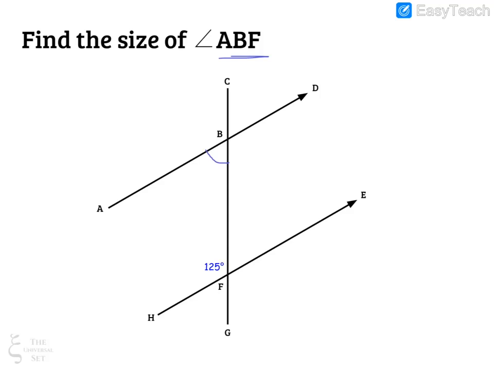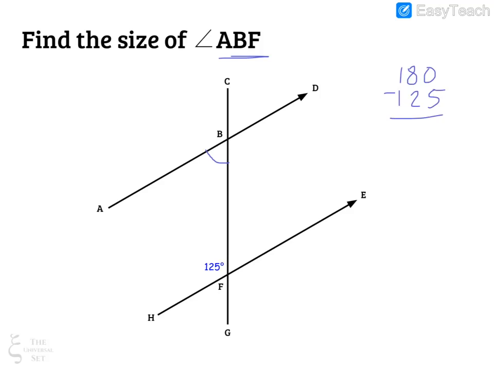So co-interior angles, do you remember the rule about co-interior angles? They're going to have to add up to 180 degrees. So I'm going to have to do a wee bit of a calculation here. I've got 125 so far, so that one is going to be whatever else adds up to make 180. So 180, take away 125. Let's do that calculation just quickly here.